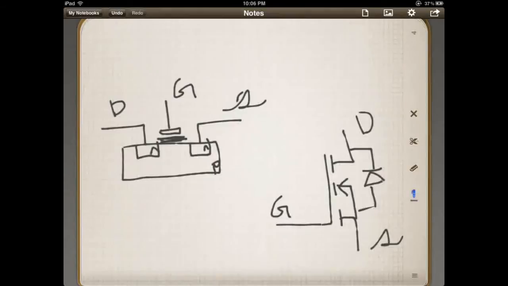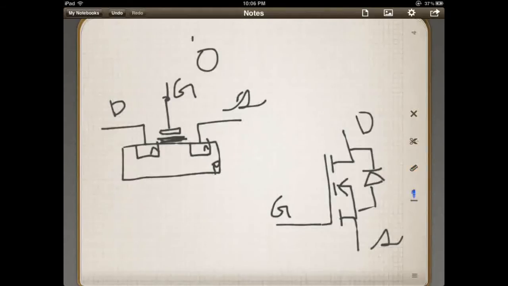What this does is, when you put a voltage, plus, from here to, whoops, I drew that in the wrong spot. Excuse me. We'll look at this in just a second.